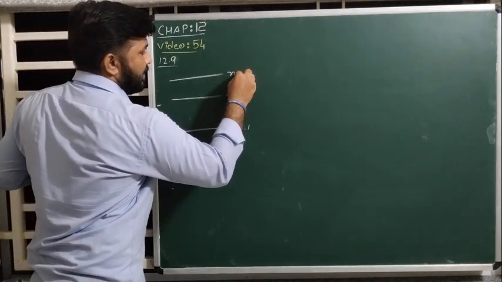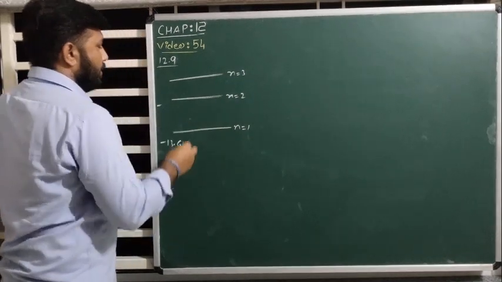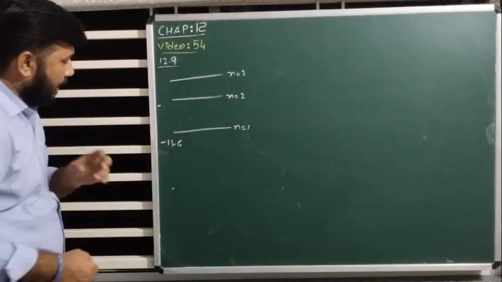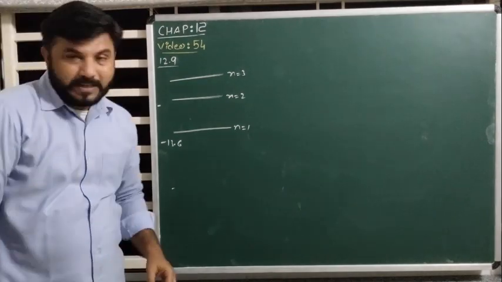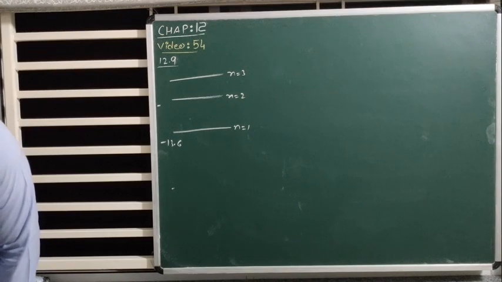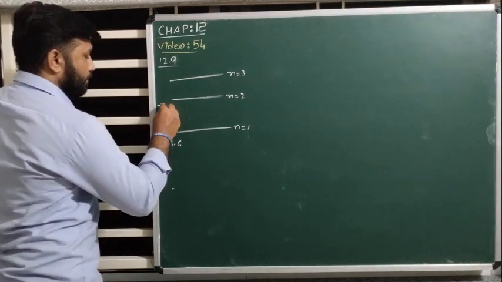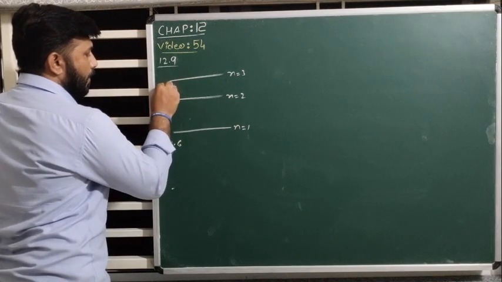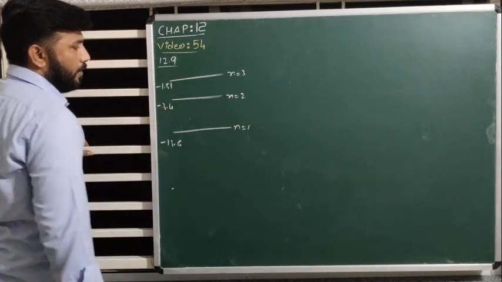Here n is equal to 3, and the value is minus 1.51.